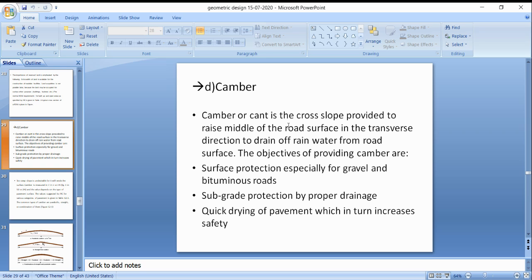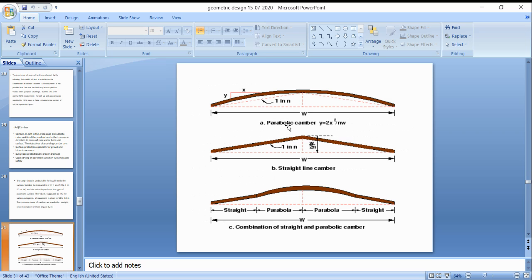Next comes subgrade protection by proper drainage. So that water does not permeate into the subgrade, if we provide some camber, the water will run off from that area, and quick drying of the pavement in turn increases safety.